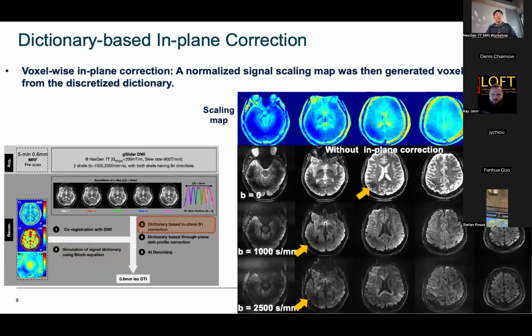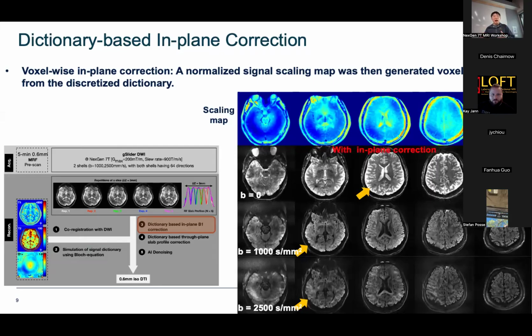As shown in this figure, without the correction, there is intensity variation across the brain. By applying the in-plane correction with the scaling map, we can compensate for the signal variation and achieve more uniform diffusion imaging across slices and b values. I can switch back and forth so you can see the improvement after the in-plane B1 correction.